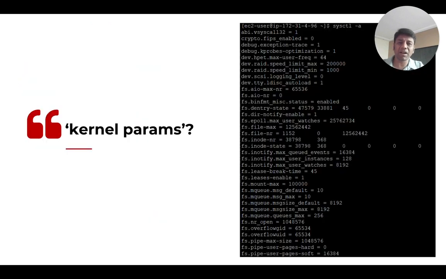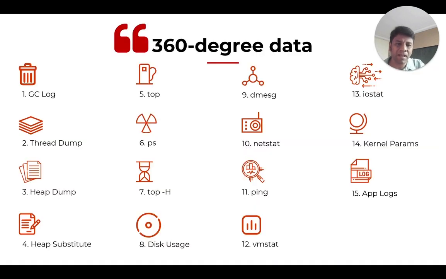And then the kernel parameters, right? Sometimes in the containers, the kernel parameter settings may not be identical. It may be helpful to compare one container's settings with another container's. In case there's a problem, it's going to be helpful. And then application logs. Friends, this is very, very important, because a lot of issues are caused by our application code, which is logged in the application data.